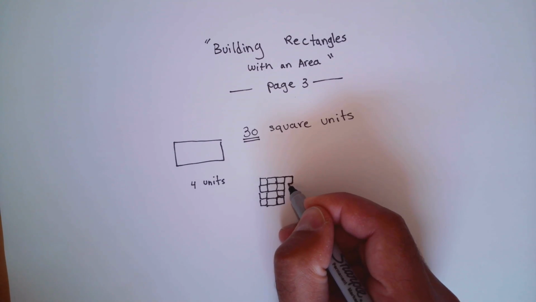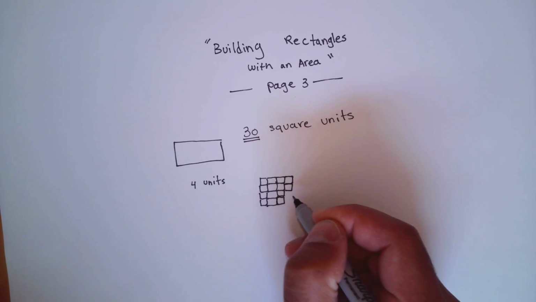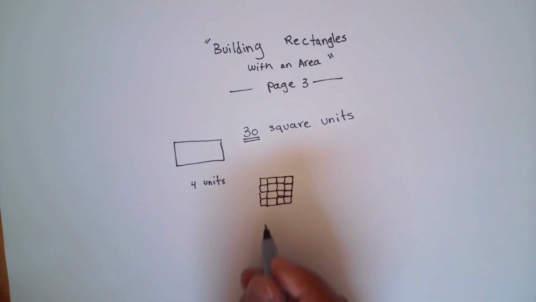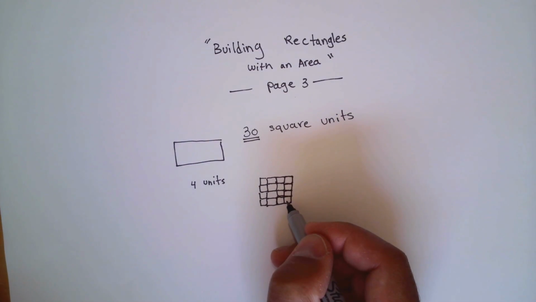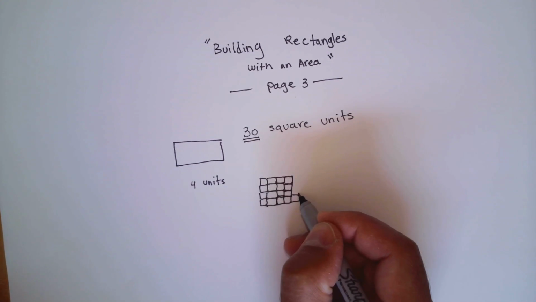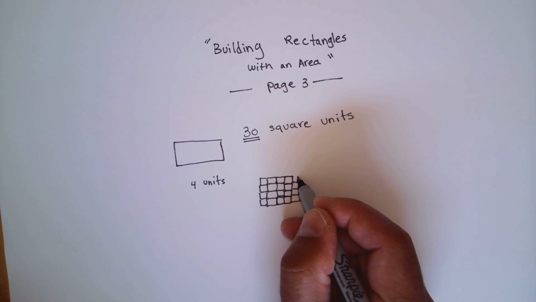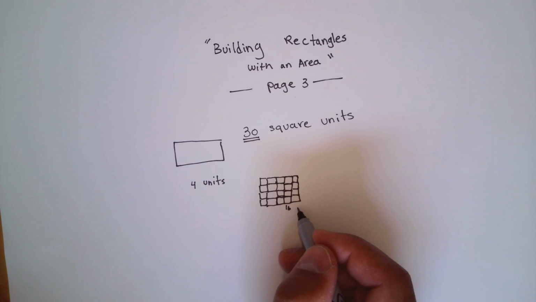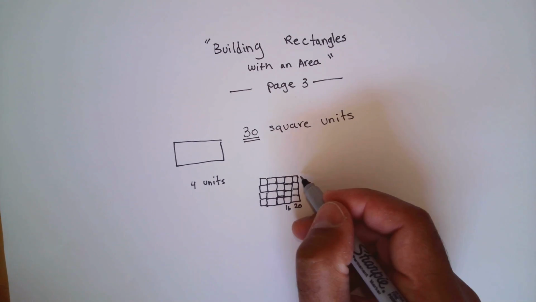If I do 4 multiples of 4, that gives me 16. Okay, so we're counting by 4. So another set of 4. So 16 plus 4, that gives me 20.